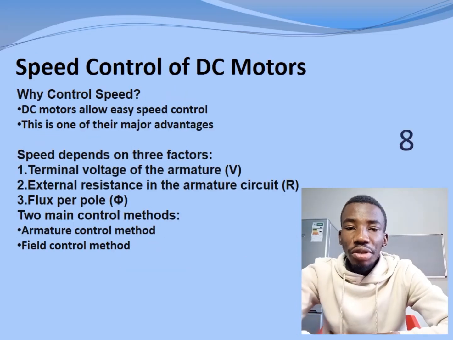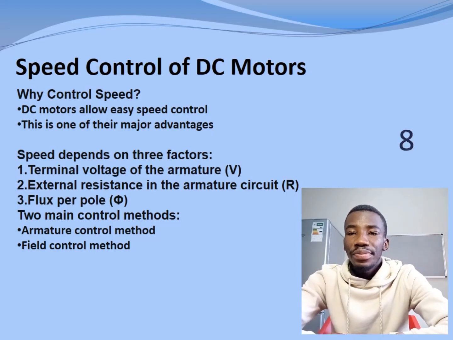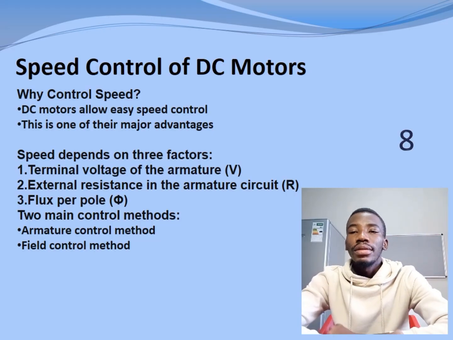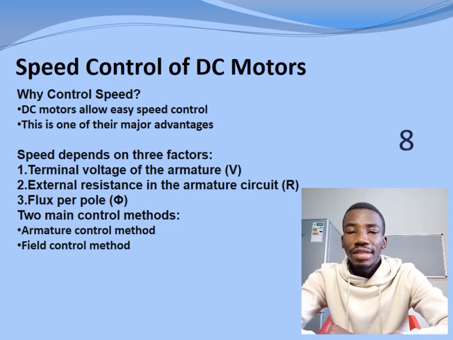The speed control of DC motors. Why control speed? DC motors allow easy speed control. This is one of their major advantages.